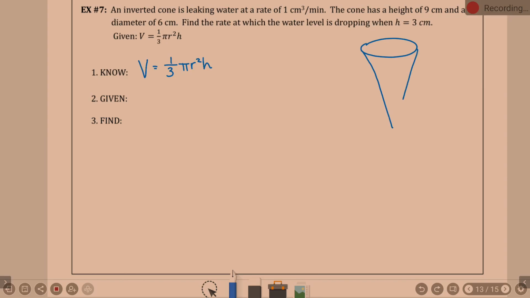Inverted cone, aka upside down cone. What do we know about this cone? Height of 9 centimeters, radius of 3 centimeters. Losing water in a cubic centimeter per minute.